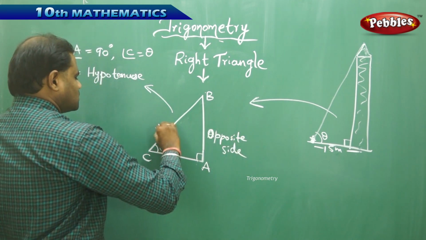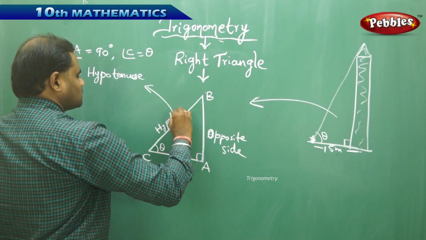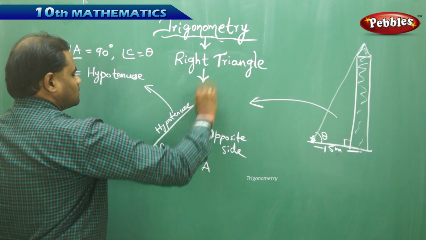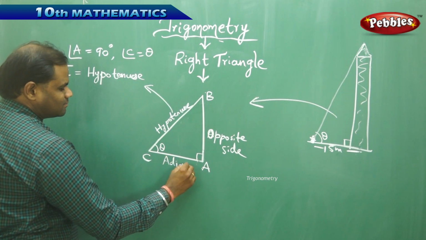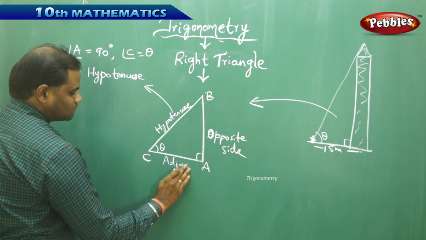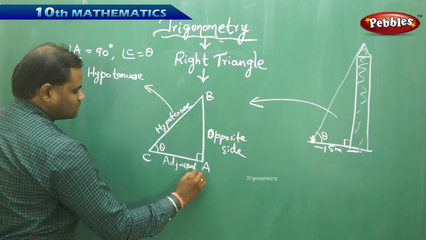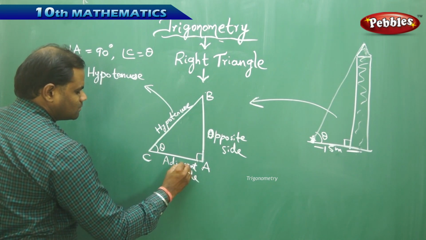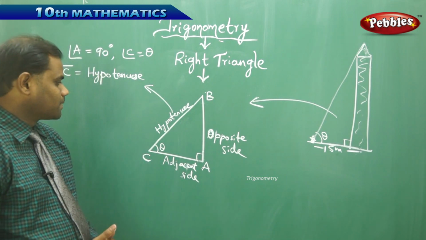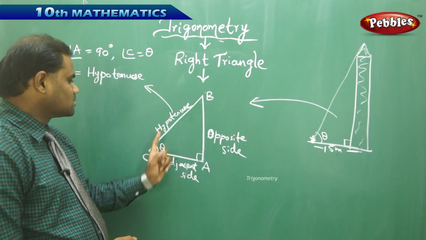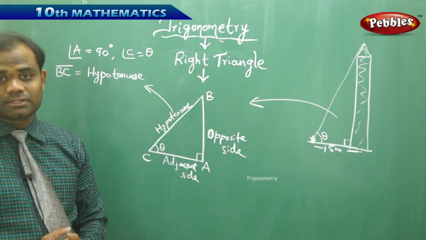This, of course, is the hypotenuse, and this is called the adjacent side. So these are the three important sides: opposite side, hypotenuse, and adjacent side.